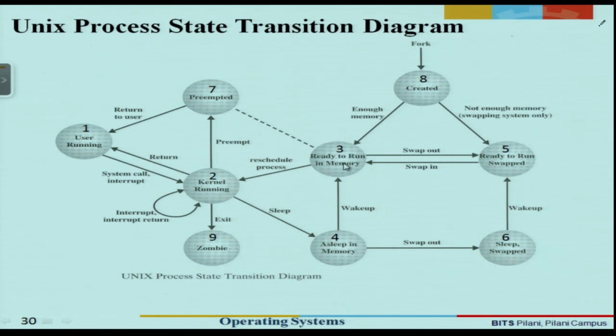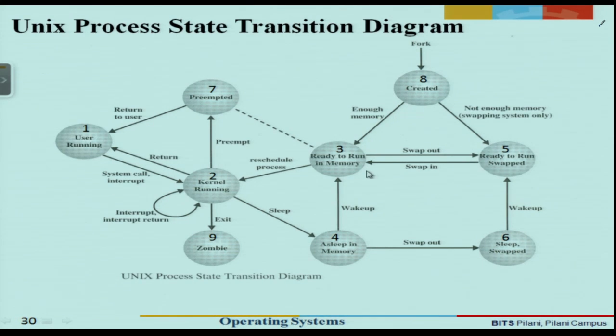This is similar to the ready state in the seven-state transition diagram. If, when the process is forked, there is not enough memory, then this process goes to ready to run swapped state. This is similar to the ready suspended state in the seven-state transition diagram.